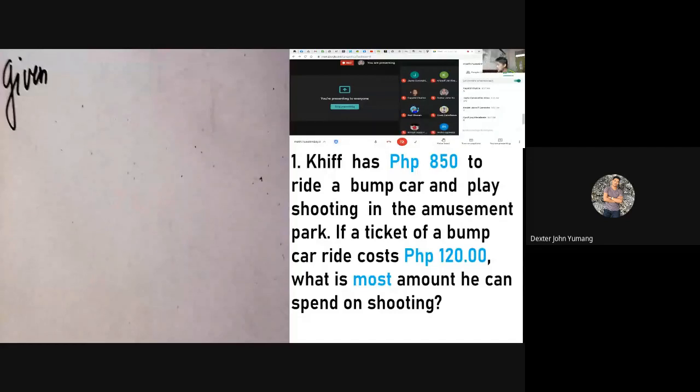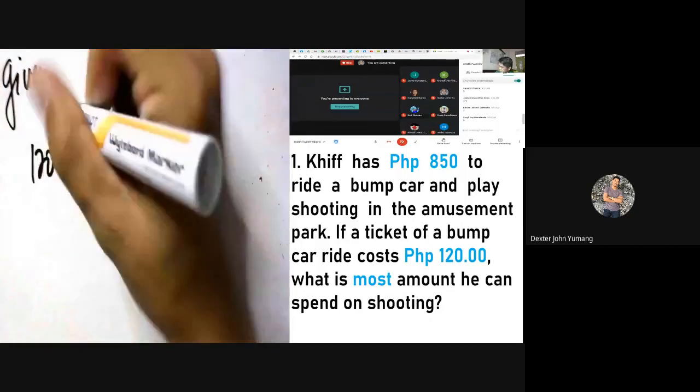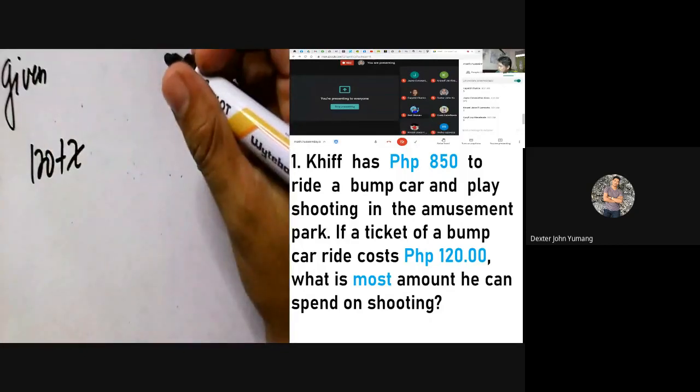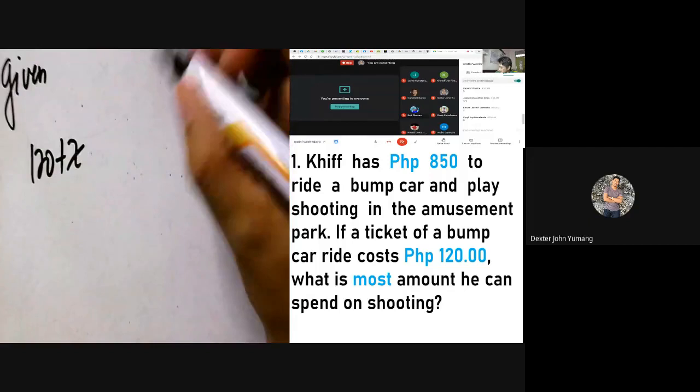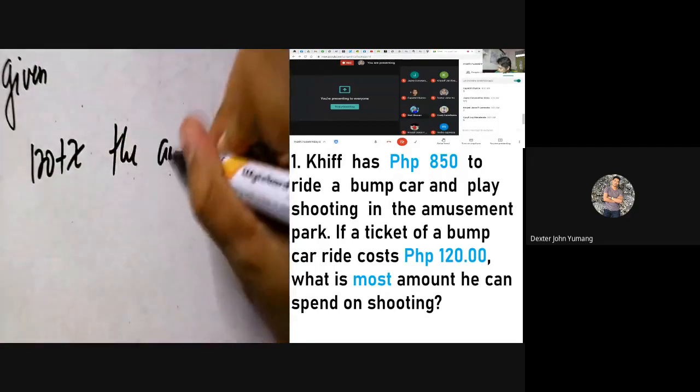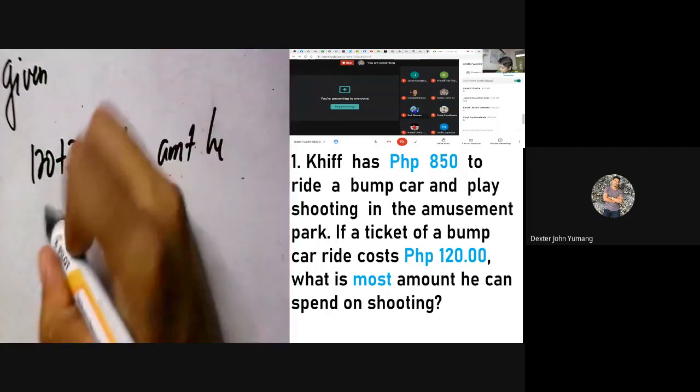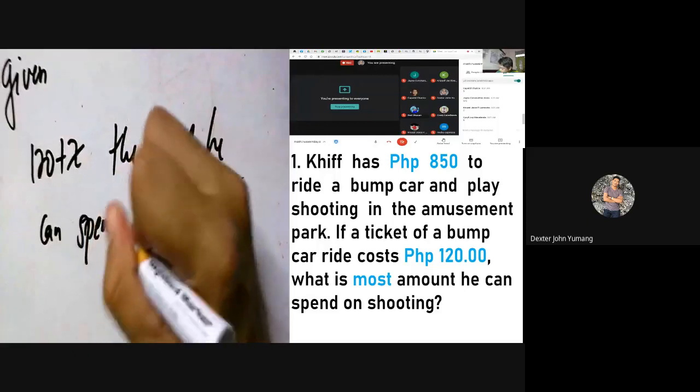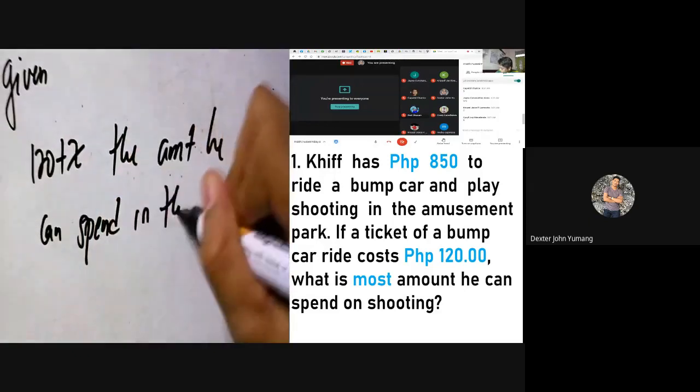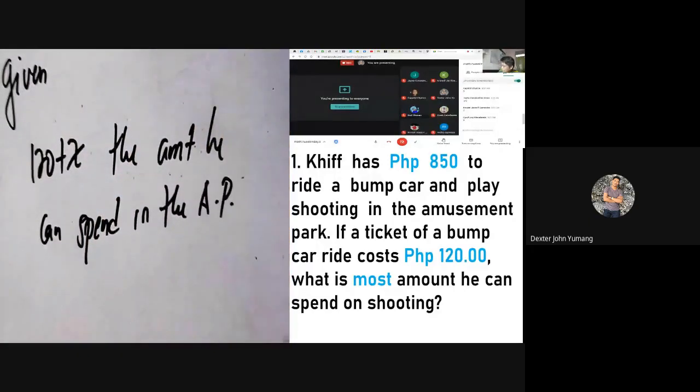It should not be shooting. Okay? So, tama po yung sagot niya na 120 plus X. Kaso lang may mali lang po sa shooting na word na ginamit. It should be the amount you can spend in the amusement park. The amount he can spend in the amusement park. Okay, ganun dapat. Okay, that's the given.